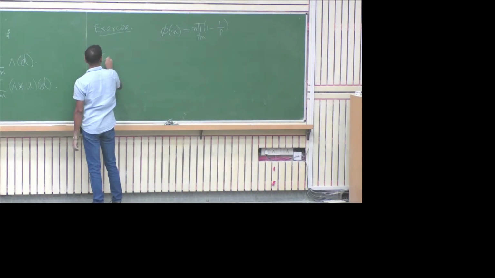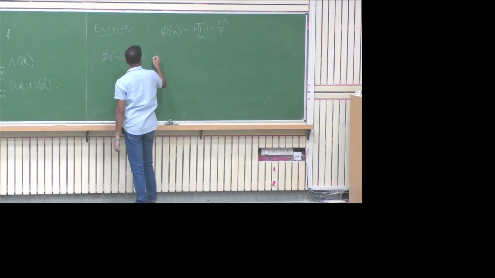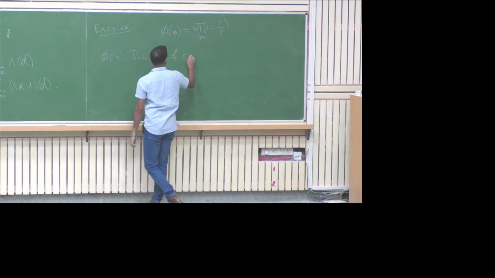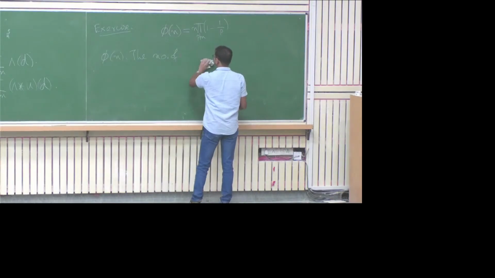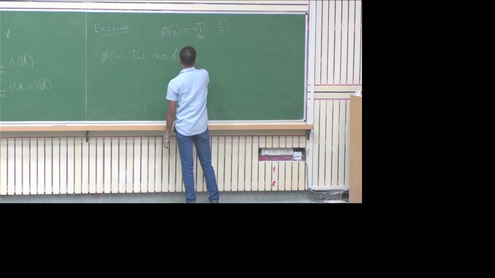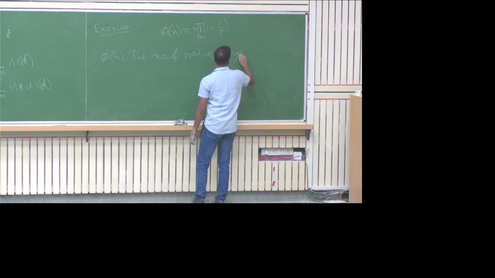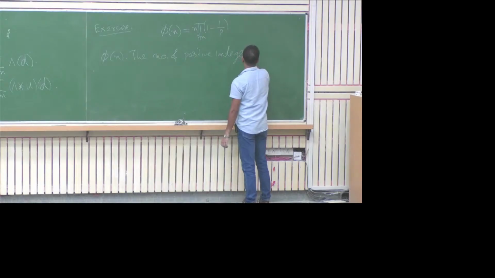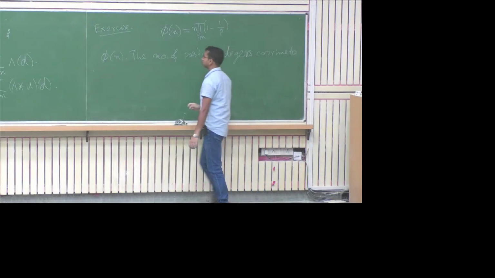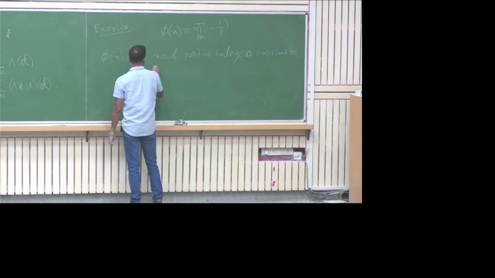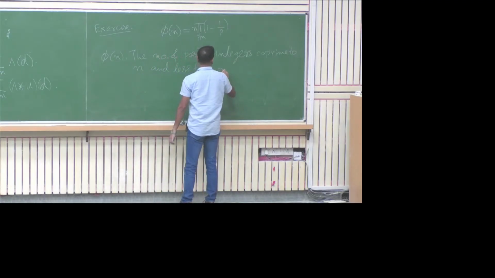Now start with that description that phi of n is the number of integers coprime to n and less than or equal to n.